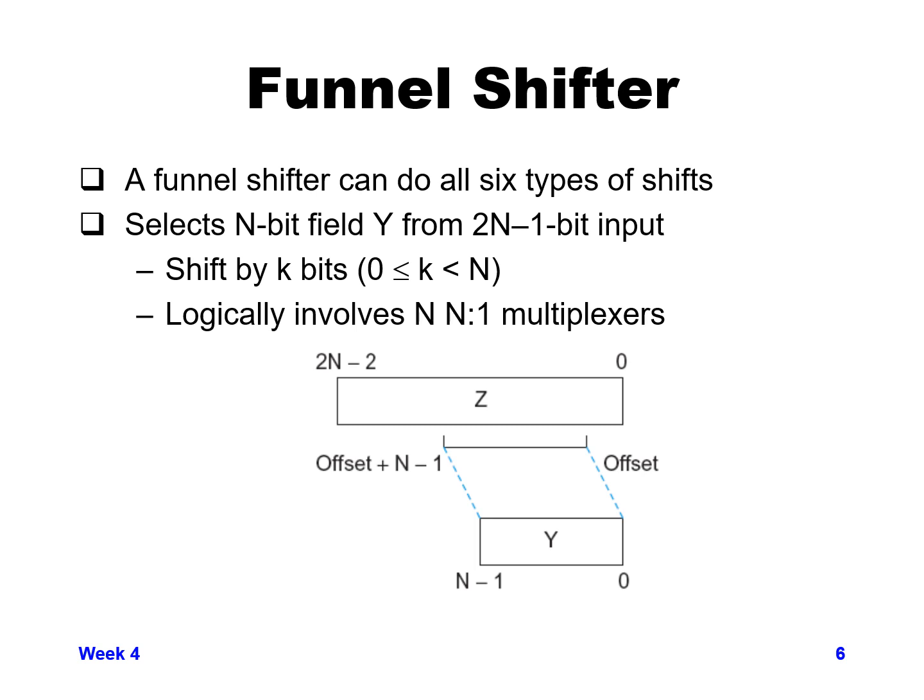What we can do with this is we can shift by k number of bits, where k is greater than or equal to 0, but it has to be less than the total n value that we started with. And in order to use this, we're going to take the value of z and send it into n number of n to 1 multiplexers.